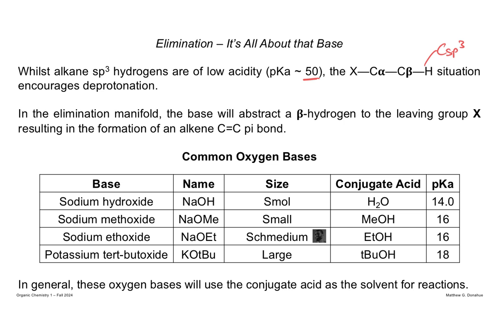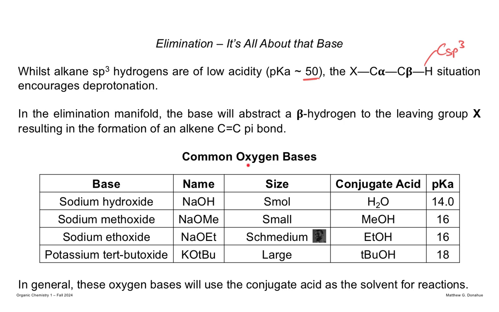And that's because of the orbital alignment, as we see in those 4 atoms. The X group, which is always a good leaving group, through induction will make that a little bit more acidic as well. So this slide and the next slide will look at the bases.